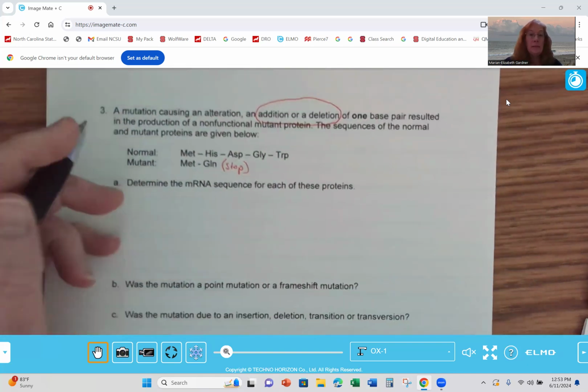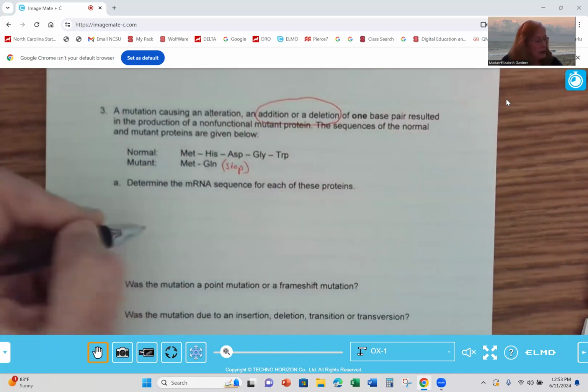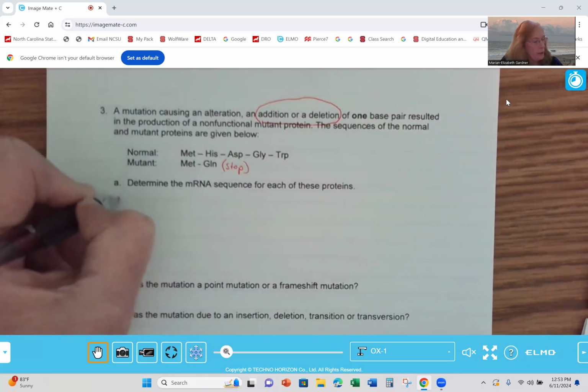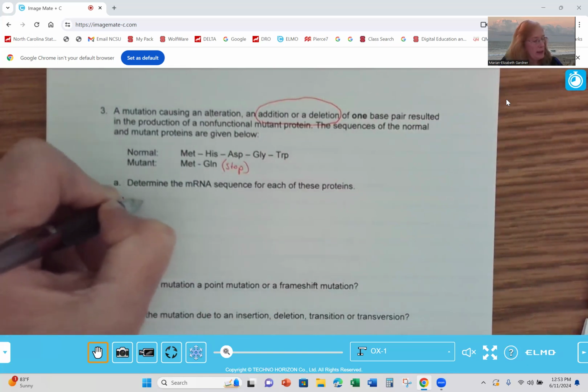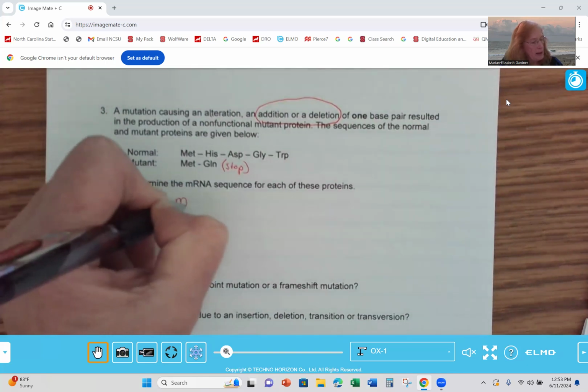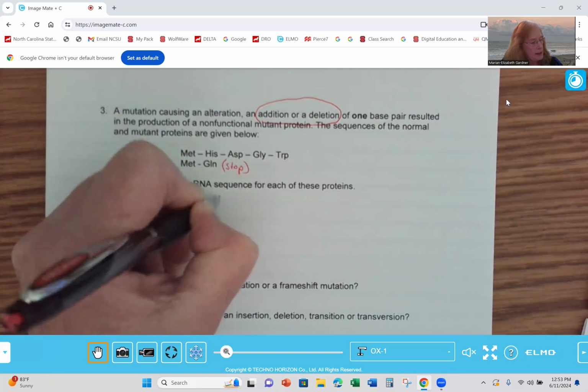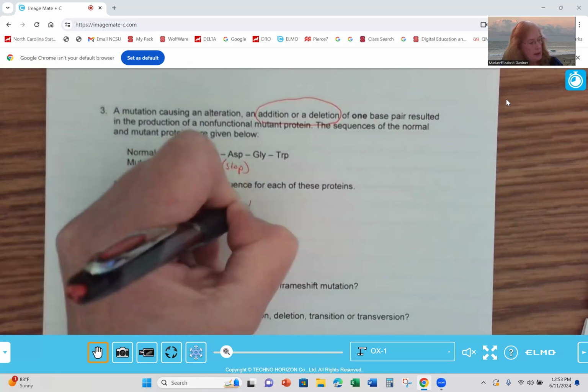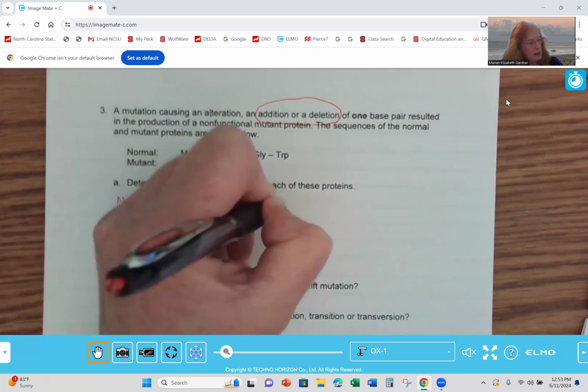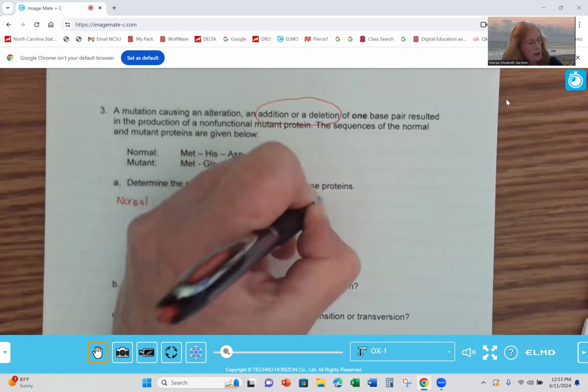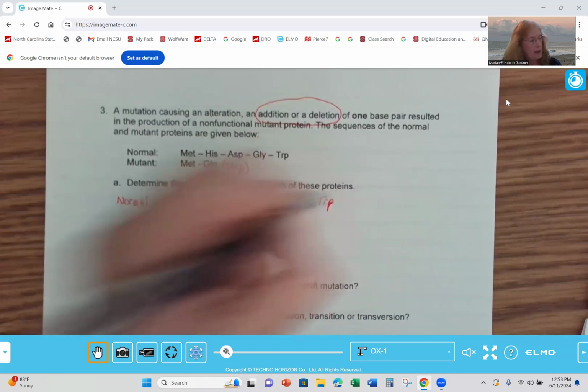So this is a little bit hairy. And what I like to do is write out the normal and the mutant protein sequences. Normal: methionine, histidine, asparagine, glycine, tryptophan.